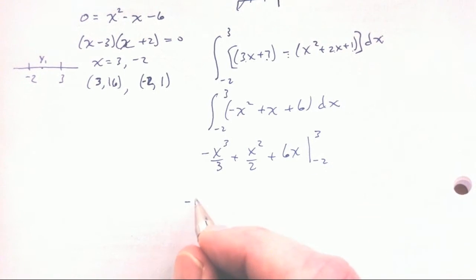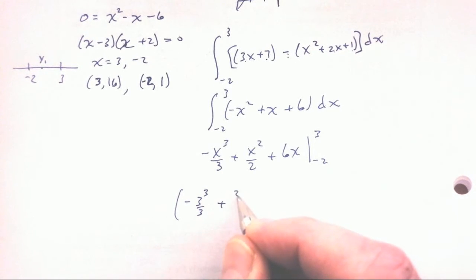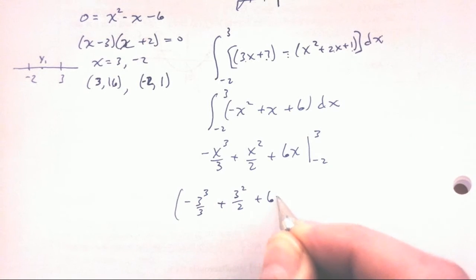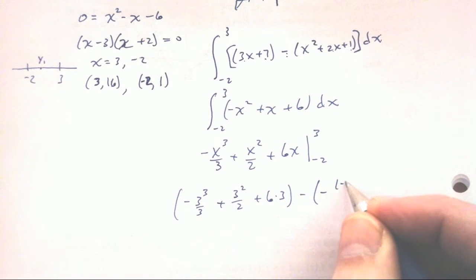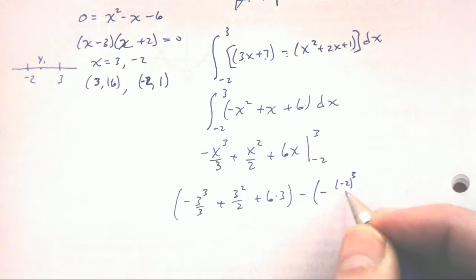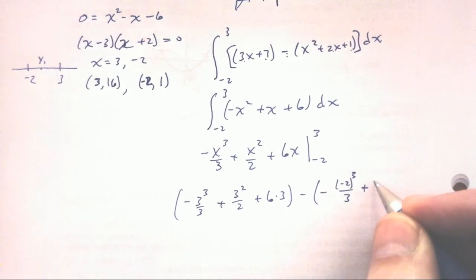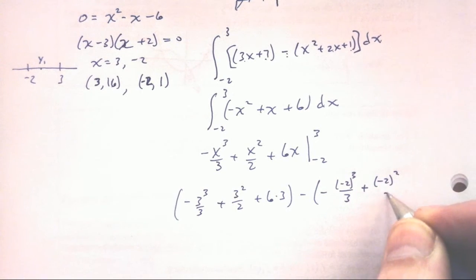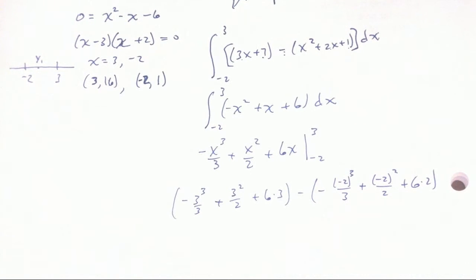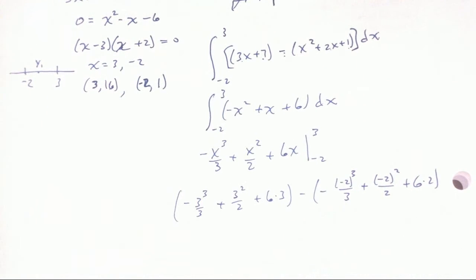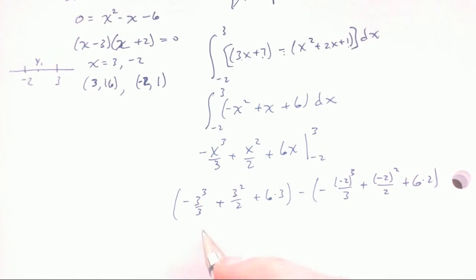So we get negative 3 to the third on 3 plus 3 squared on 2 plus 6 times 3, minus the opposite of negative 2 to the third on 3 plus negative 2 squared on 2 plus 6 times negative 2, and we wind up with, at this point, 125 sixths.